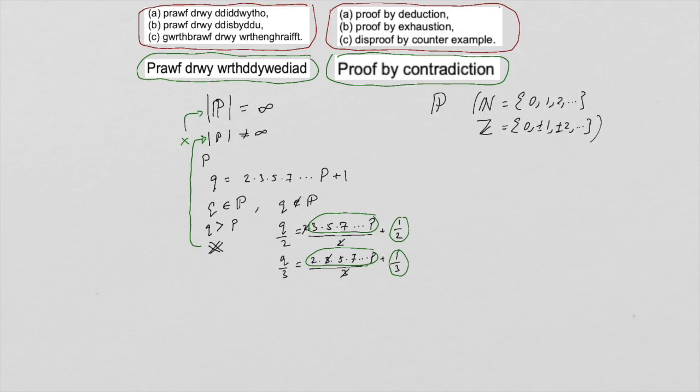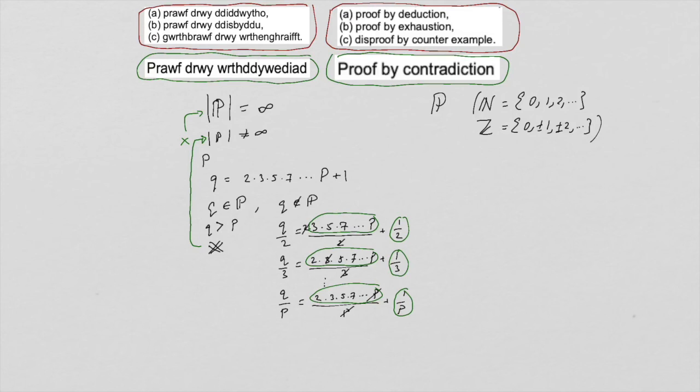And we can carry on this process until we test P itself. And this time, P will cancel, but we'll be left with a whole number here, but there's still this extra little bit, which means that Q doesn't divide by P.